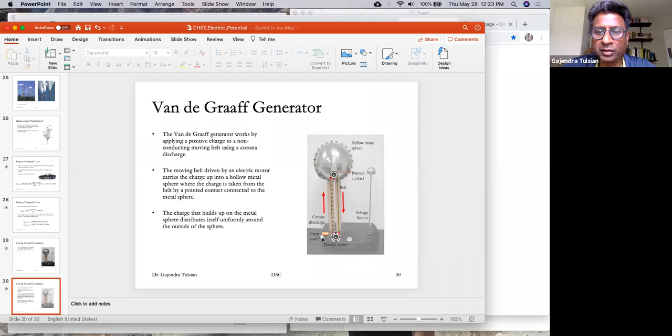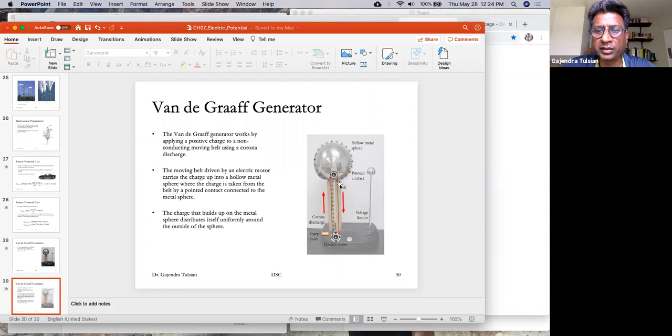You make the rubber belt rotate, and you have sharp brushes brushing against the rubber belt, and what that does is it charges the rubber belt, and since the rubber is insulating, the charges do not go anywhere. The rubber belt got charged here, and that charge is transported up, and that charge is transferred to this metal sphere via connection.